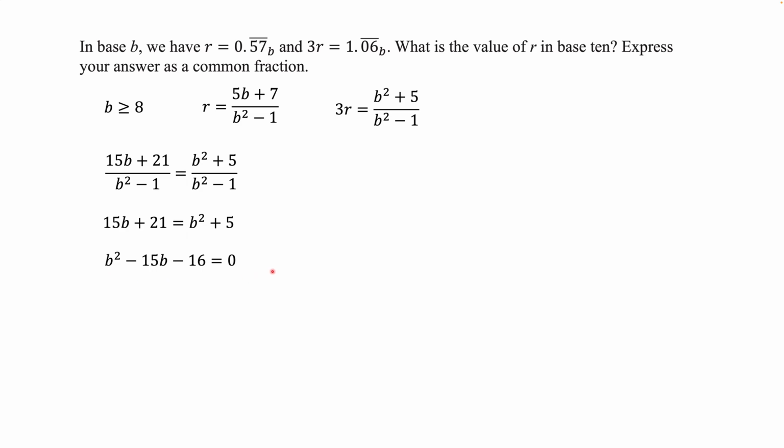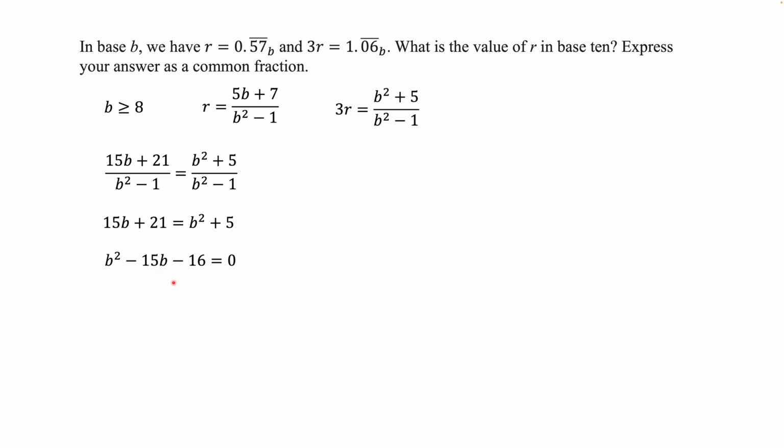There are multiple ways to do it. One way is just to use the formula. But here I want to talk about a different way of doing it. Notice that this quadratic equation has b squared with a coefficient of 1. This is something called a monic polynomial.